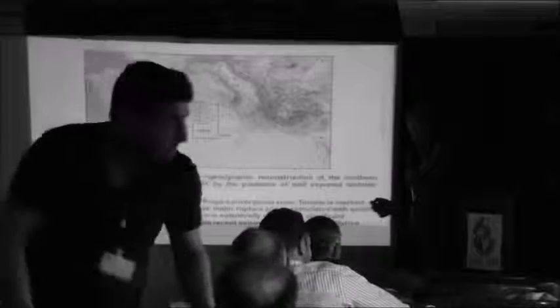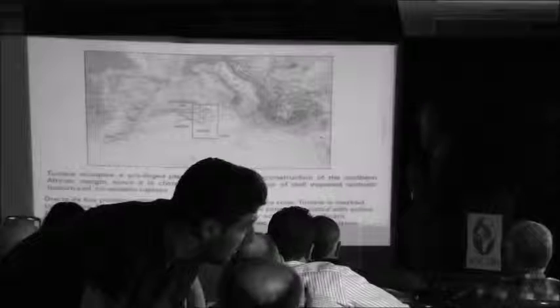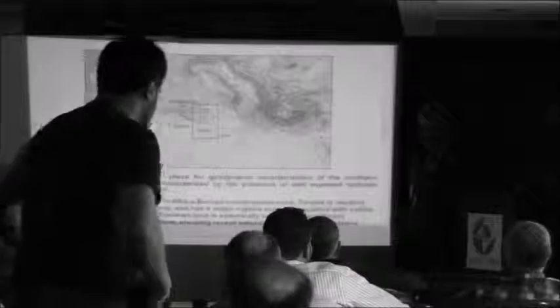Tunisia, as you know, occupies a privileged place for geodynamic reconstruction of the northern African margin, since it is characterized by the presence of well-exposed tectonic features and co-seismic rupture.